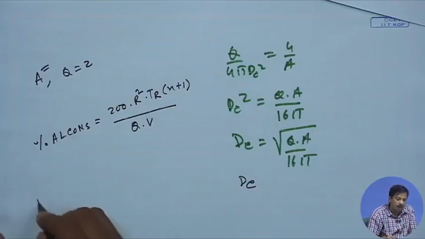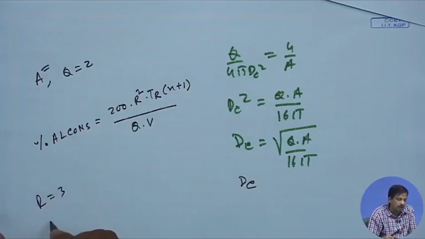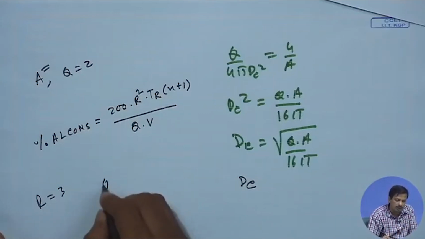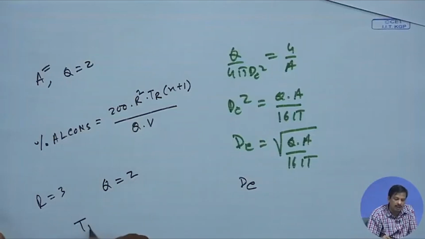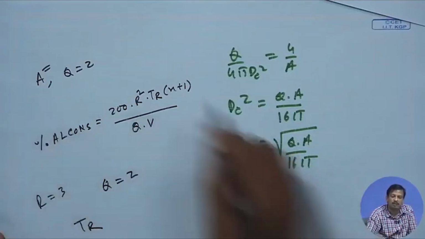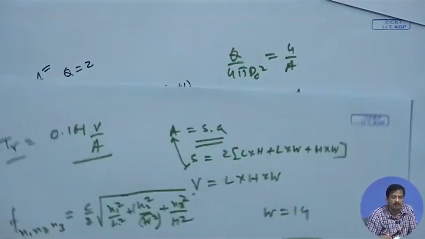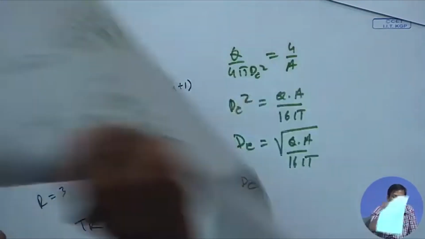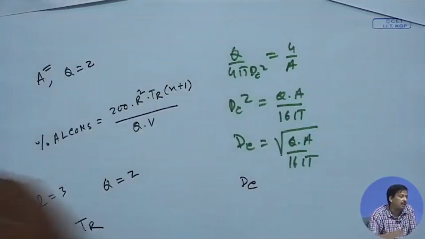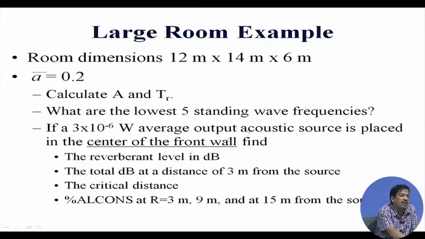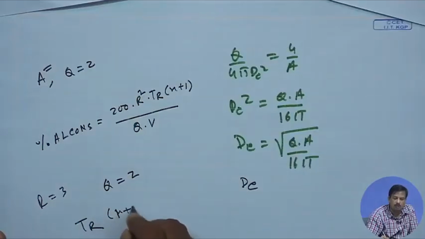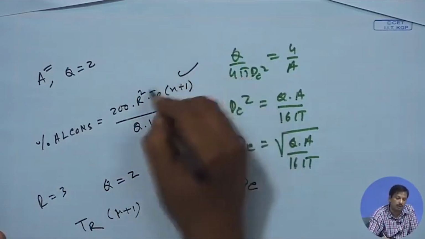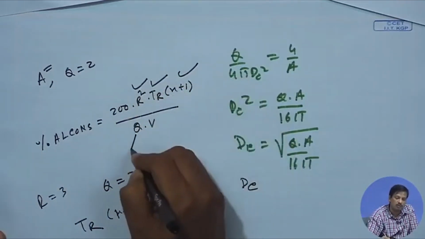R is equal to 3, Q is equal to 2, and TR I have to calculate. How do you calculate? I calculated TR from 0.161 V by A. So, I know TR, and N, I said, is only a single source placed, so N plus 1 is 1 plus 1. So, I know these factors, I know Q, I know the volume.